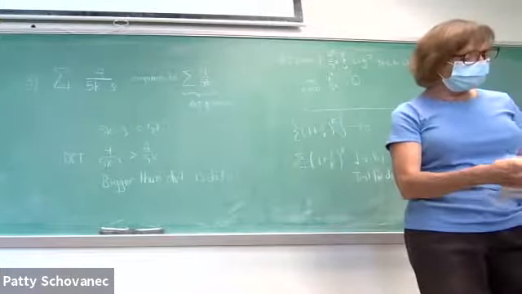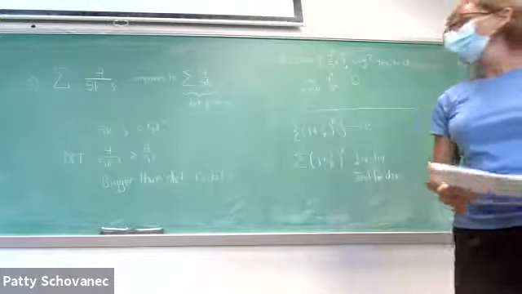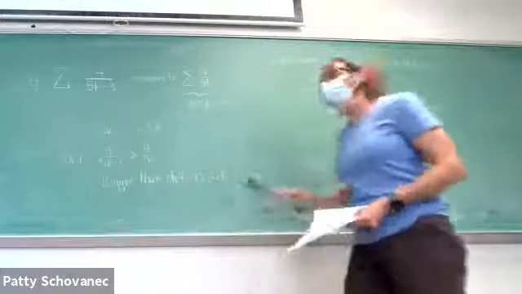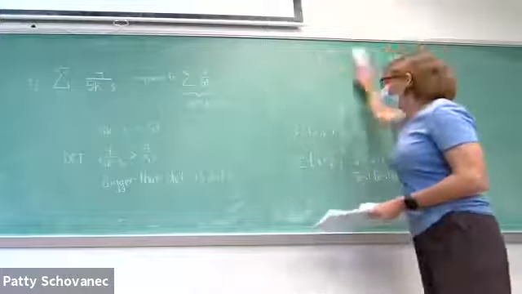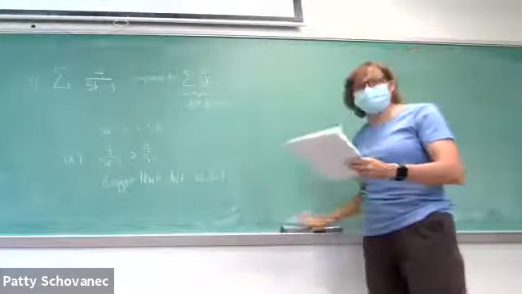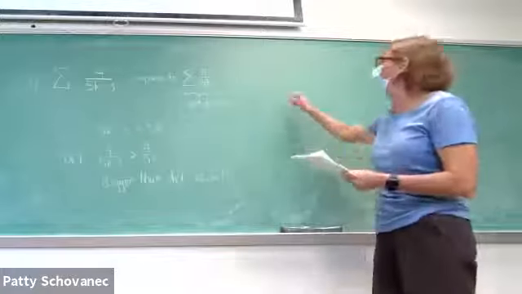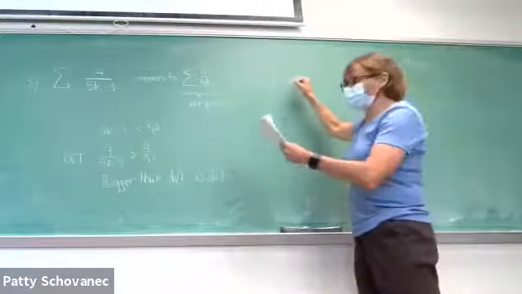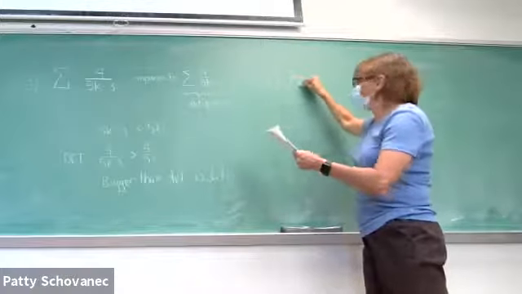What did you tell me about number 4? Diverges because? Test for divergence. The power on top, both of those terms are in power greater than the denominator. So number 4 diverges by the test for divergence.